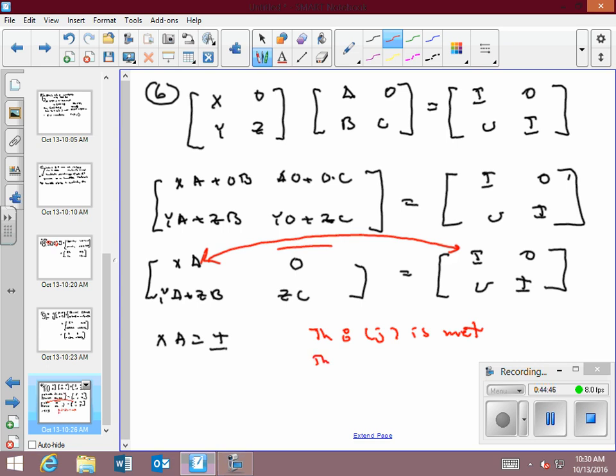Therefore, theorem 8A is invertible. And X has to equal A inverse. That's that box on page 114.